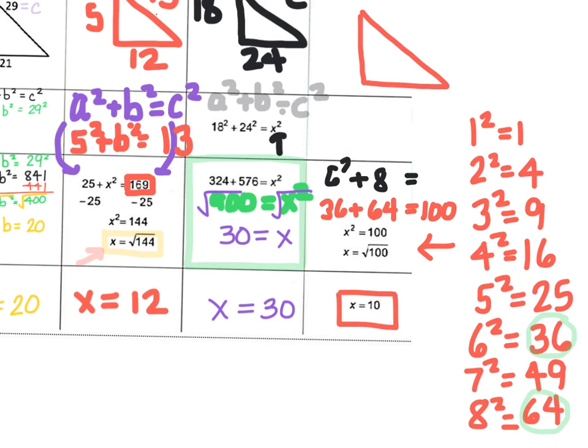So 6 squared plus 8 squared would be equal to 10 squared, which is our c squared. Now let's go back and fill in our information. This means that one side is 6 and the other leg is 8. Let's fill in our final grid of a squared plus b squared equals c squared. And the lesson is yours.